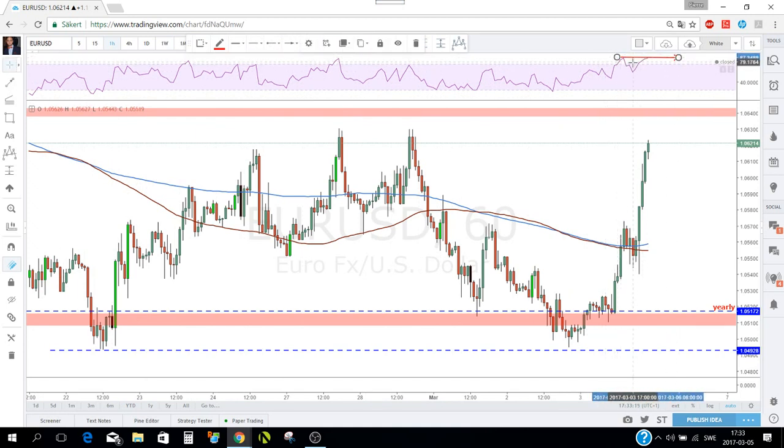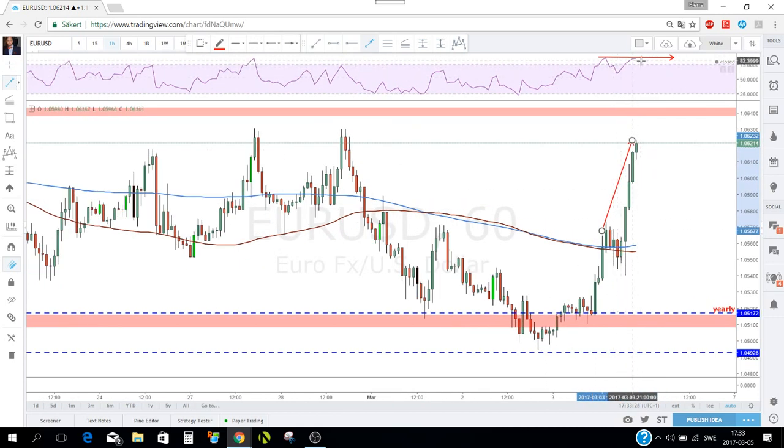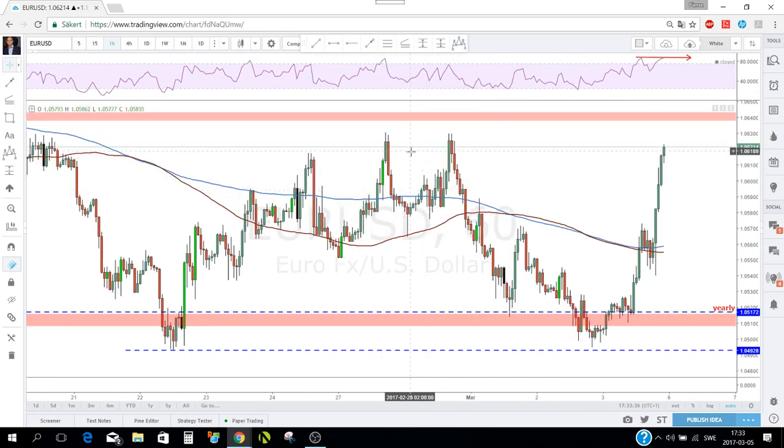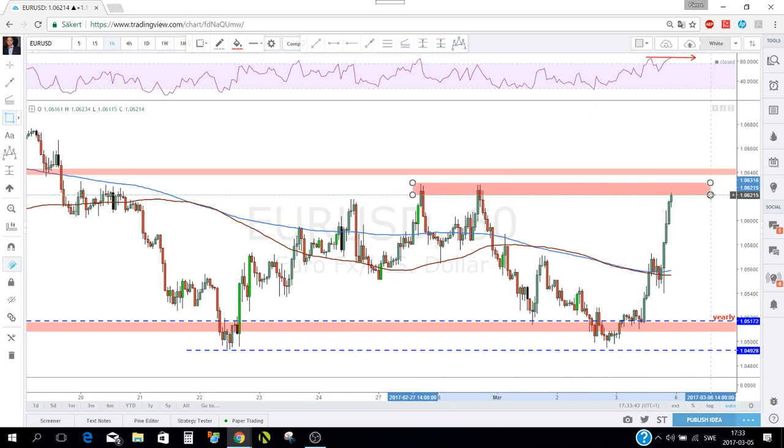The RSI is slightly lower, but price is much higher from this top to this top, and on the RSI almost equal high or a little bit lower. So what we should be looking at next week is if we're going to break this double top here or not at first. This is the first area I should be looking at and see how price will react.